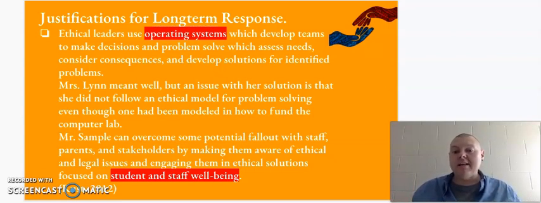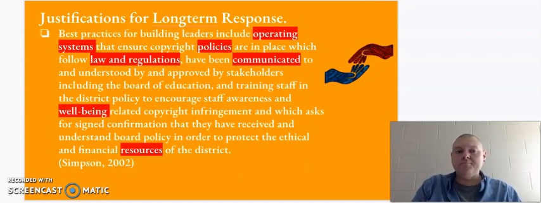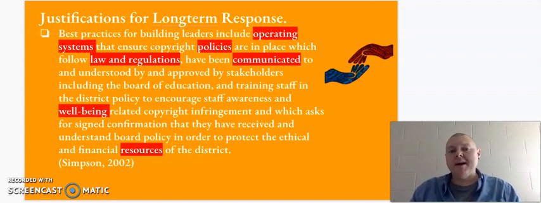Mr. Sample can overcome some potential fallout with staff who prefer the copies and with parents and stakeholders by making them aware of the ethical and legal issues and then engaging them in ethical solutions that are focused on student and staff well-being for the long term. Another reason to justify this response is that best practice for building leaders include operating systems that ensure copyright policies are in place, that follow laws and regulations, that have been communicated to and understood by and approved by stakeholders.